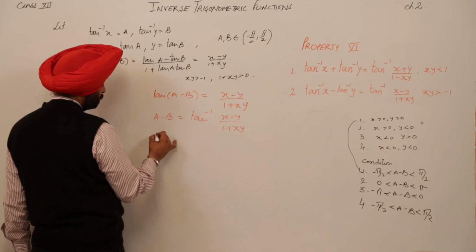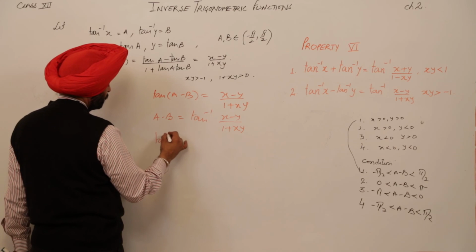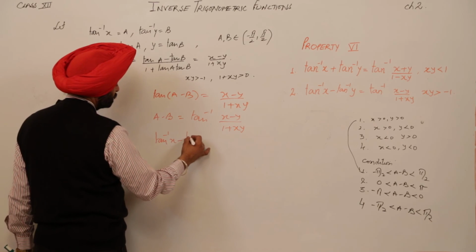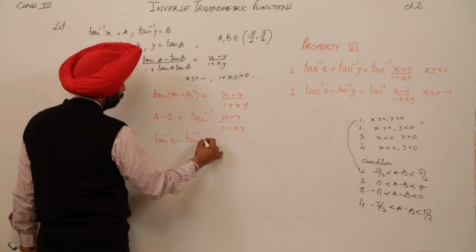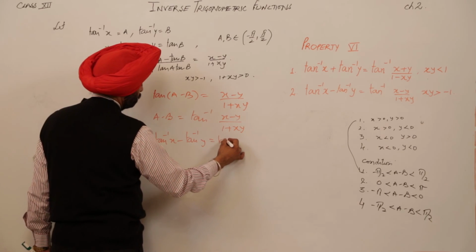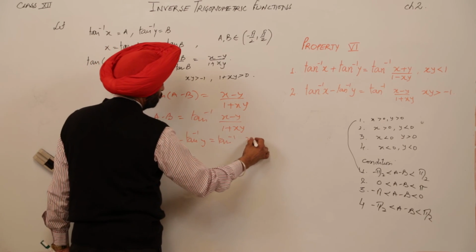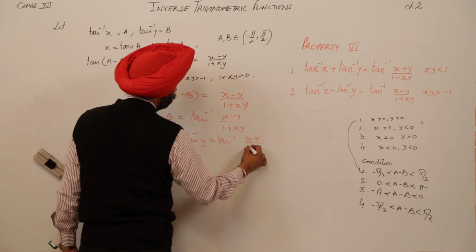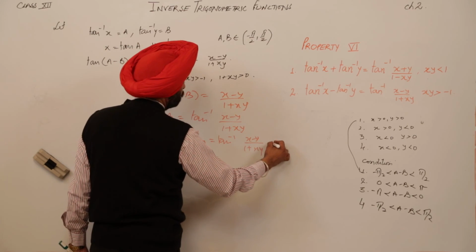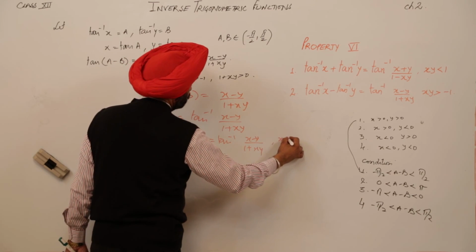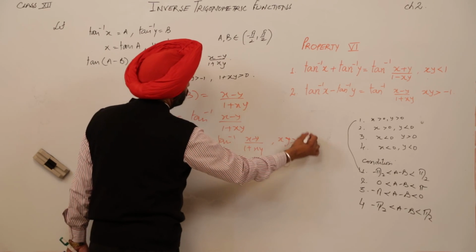Tan inverse x. Tan inverse x minus tan inverse y is equal to tan inverse of x minus y upon 1 plus xy, where xy is greater than minus 1.